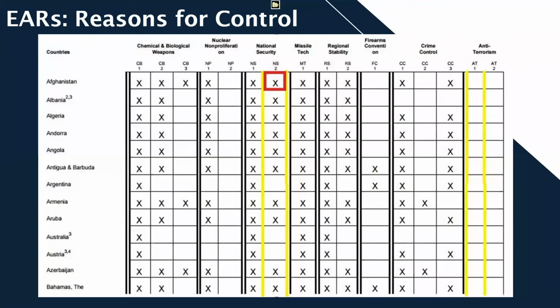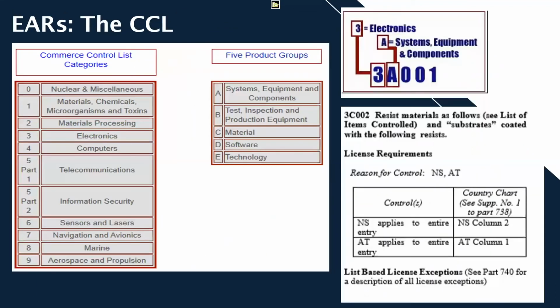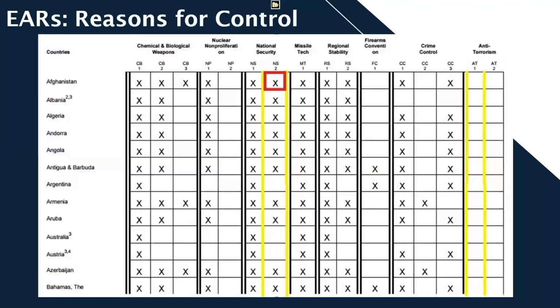So you'll go down the list to the reasons for control for each country, and you could get that online, to Australia. And our previous example, going back to the other slide, is NS column 2. So you're going to go to Australia, NS column 2, which is national security. There's no X there. So that means that you do not need a license for that purpose.